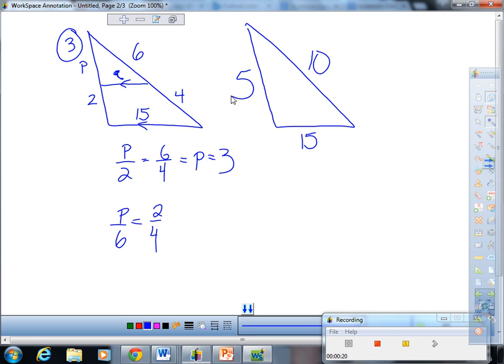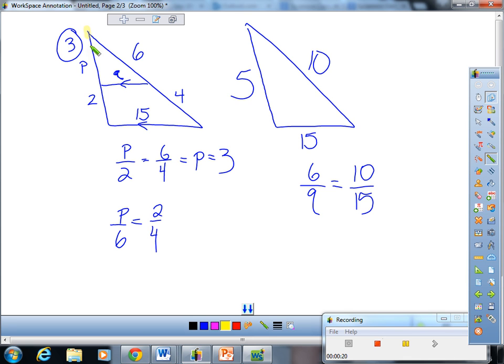Now we have that from finding P. You would say 6 is to Q. So that is top right is to base or bottom. Like what? Like 10 is to 15. And many of you on the quiz are going to use 4. I put Q over 15 equals 4 over 6. That'd be wrong. Okay?